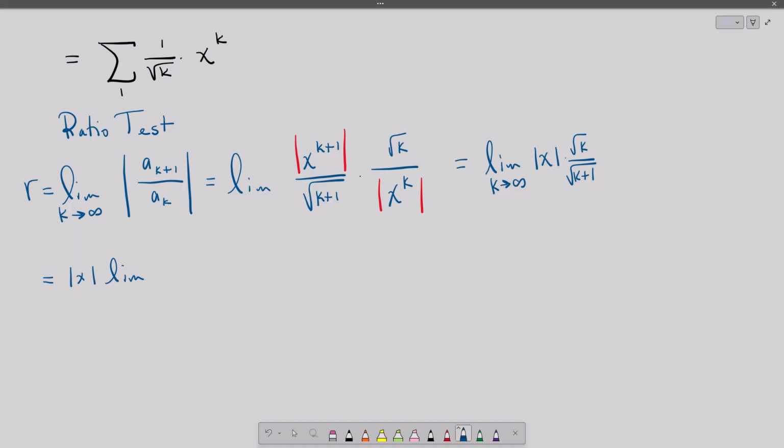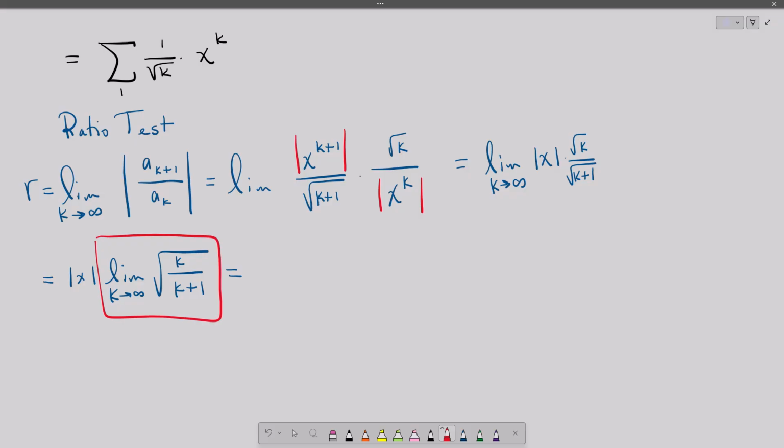You're taking the limit as k goes to infinity. If there's no k in this part, that can factor to the front. And then we turn it into 1 square root, take the limit as k goes to infinity. And let's just focus for a moment on this part. What is the limit of that part? 1.